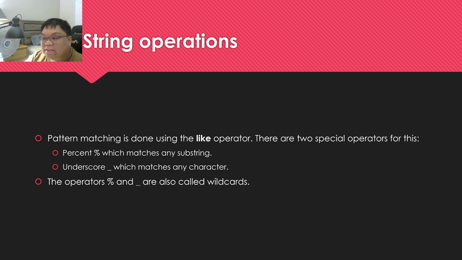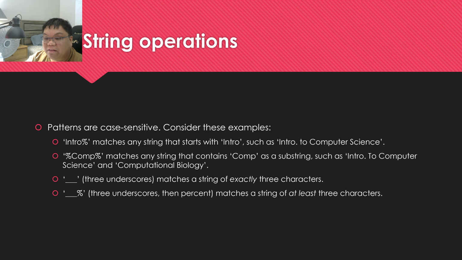Pattern matching is done using the like operator, and there are two special operations for this: percent and underscore. Percent matches substrings, underscore matches single characters. They're also called wildcards. Patterns are case sensitive, so intro percent matches any string that starts with intro, such as intro to computer science, or intro to 3D modeling, or intro to microtonal music theory.